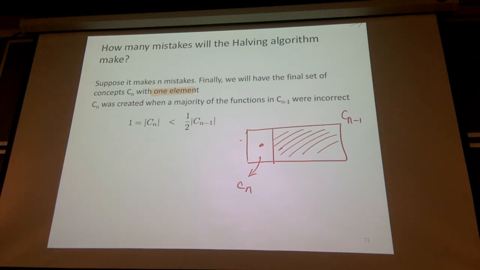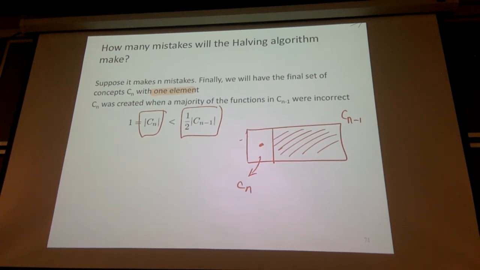Cn was created because there was a mistake, and when there is a mistake, the majority of the functions predicted the wrong label. As a result, we discarded a majority of the functions, which means we threw away more than half. So the size of Cn is less than half the size of Cn minus 1.